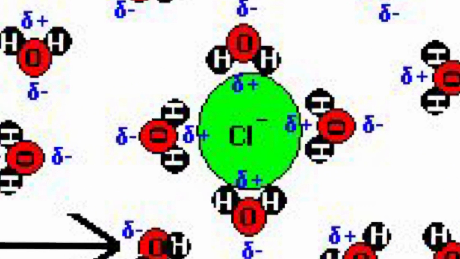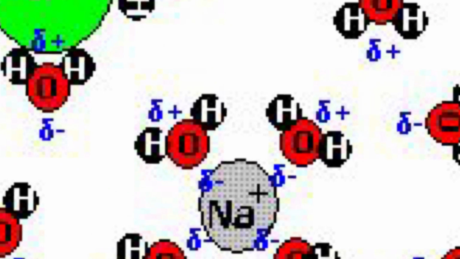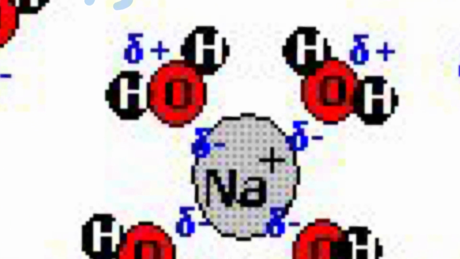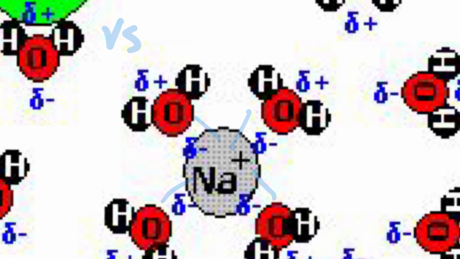When an ion is floating around in water, since chlorine is negative, the hydrogens, which are partially positive, are going to surround the chlorine, and the oxygens are going to be on the outside. Now compare that to sodium, which is positive. Oxygen has a partial negative charge, so it's going to be attracted to the sodium. This time the hydrogens are going to be on the outside.